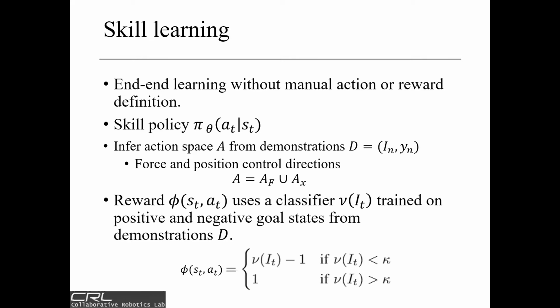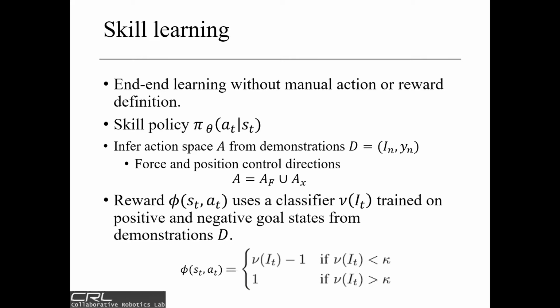And for the reward itself, instead of hand generating a reward, we infer goal states from the demonstration. Since we already segmented the skills using physical interaction key points, these key points indicate where the start or end of a skill is. Usually at the start of the skill, the states are not yet successful, and towards the end of the skill, it's a success state.